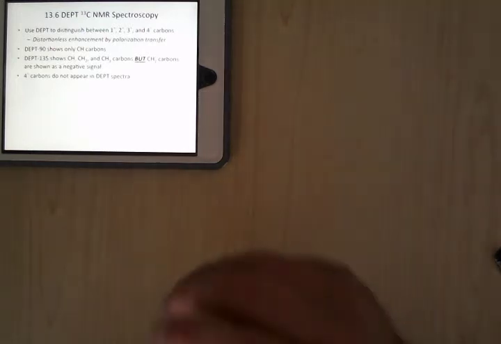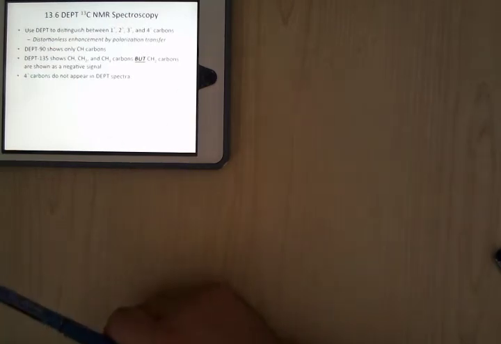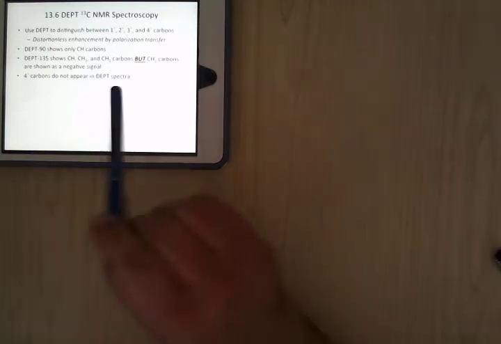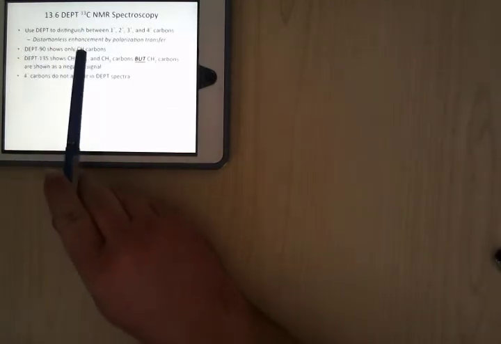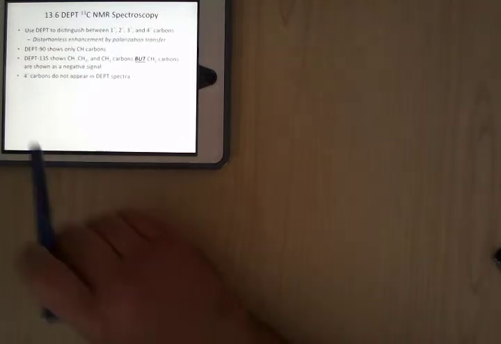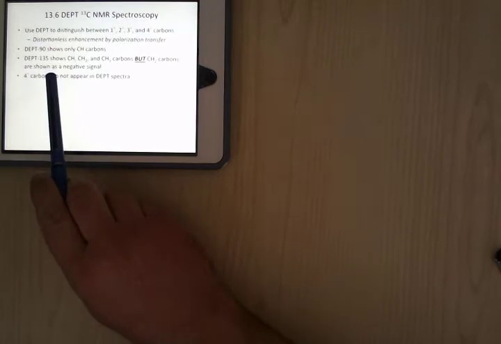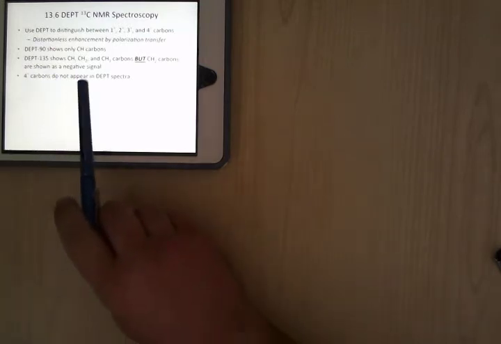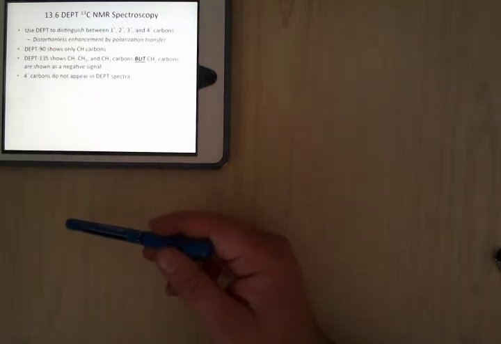And so what will happen is you'll get 3 signals out. You'll get a regular one where it's just decoupled, so you just get all the signals. For DEPT 90, it only shows CH. That's the only thing it shows. Now, DEPT 135, you'll get two types of signals: a positive signal and a negative signal.